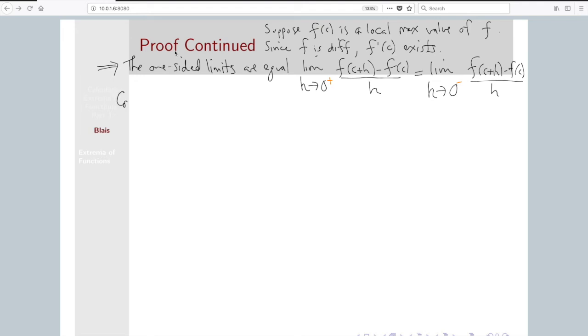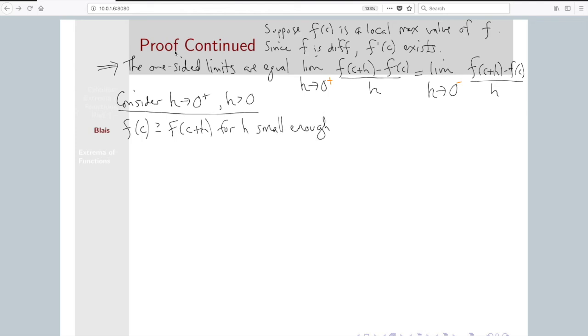So consider h going to 0 from the right, which means h is positive. f of c is bigger than or equal to f of c plus h for h small enough. Remember, f has a local maximum value at c.